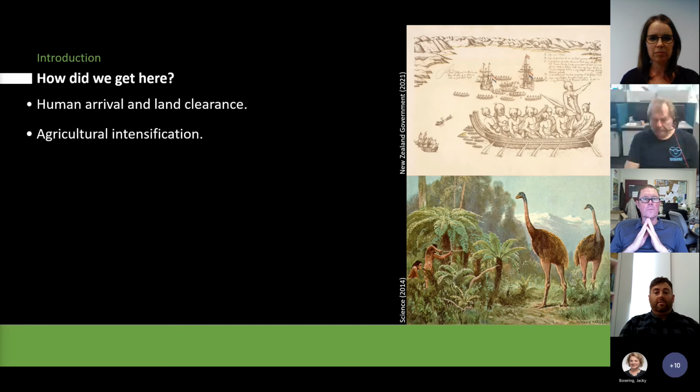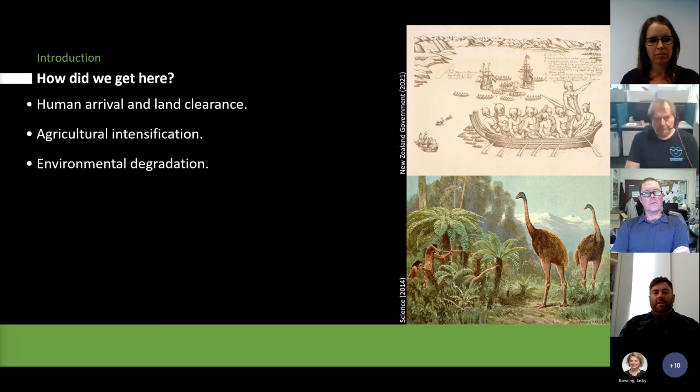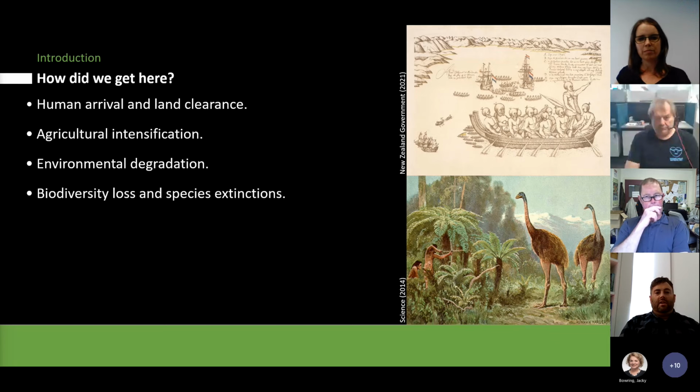As more settlers arrived and the population continued to grow, more food sources were required, and agricultural intensification took over. This led to more forests being removed and more environmental degradation. As the balance shifted, there began to be quite a loss of biodiversity and species extinctions.